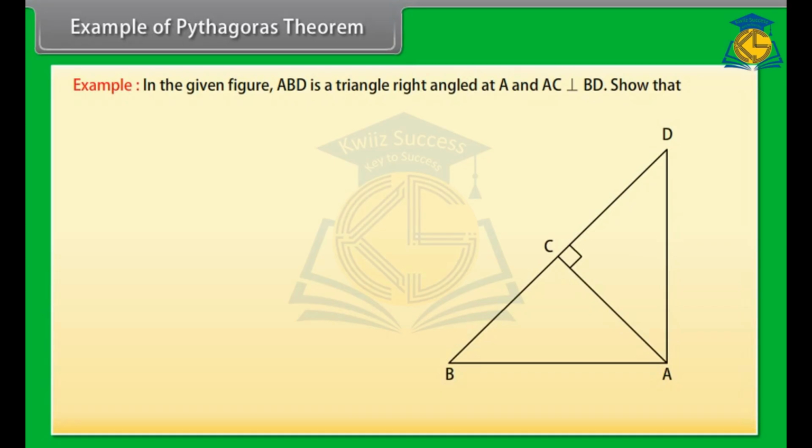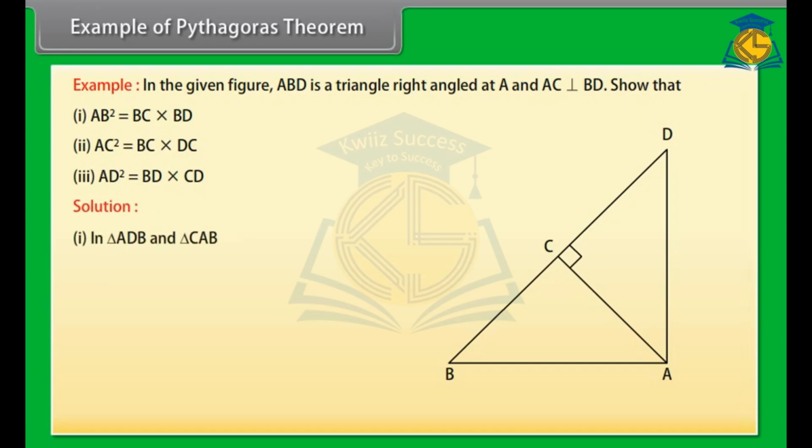Example. In the given figure, ABD is a triangle right-angled at A and AC is perpendicular on BD. Show that 1. AB square is equal to BC into BD. 2. AC square is equal to BC into DC. 3. AD square is equal to BD into CD. Solution. 1.